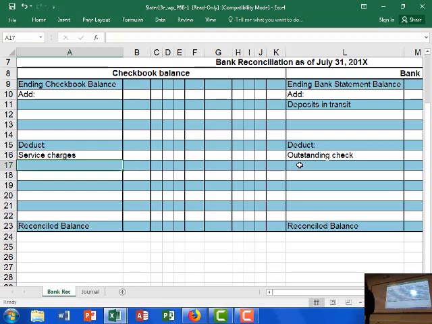Now, the one tricky one that I'll tell you about is the last one. The bank collected a note. A note would be like somebody owing you money, right? A note for work.com. It was for $1,050, right?